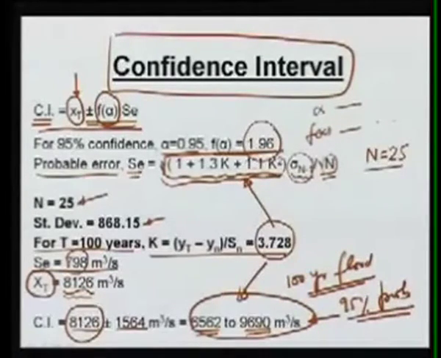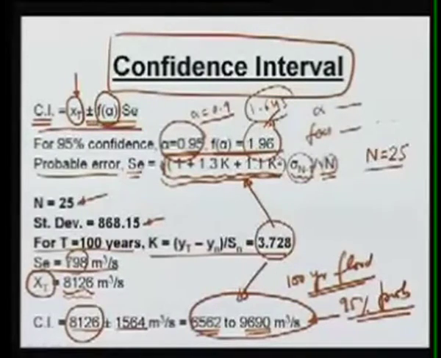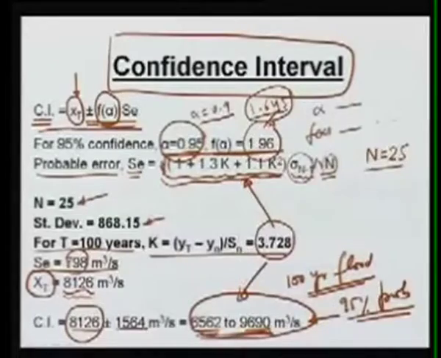Now if we want a different probability or confidence interval, for example, if we take alpha to be 0.9, then the only thing we need to change is F alpha, which comes out to be 1.645. When we put that, we will get a range which will be smaller than this range because F alpha has become smaller.